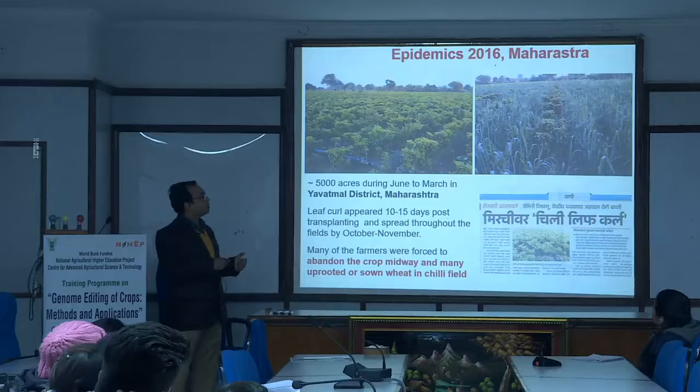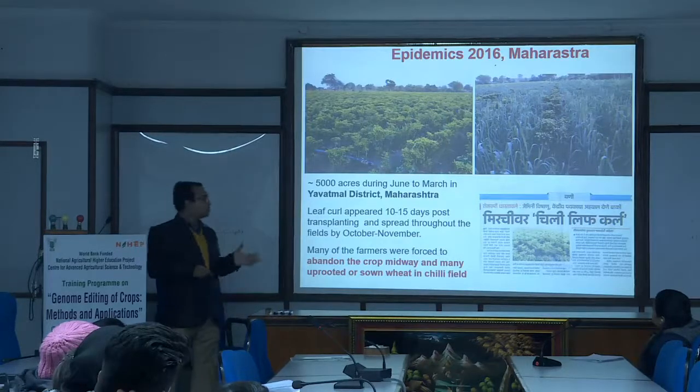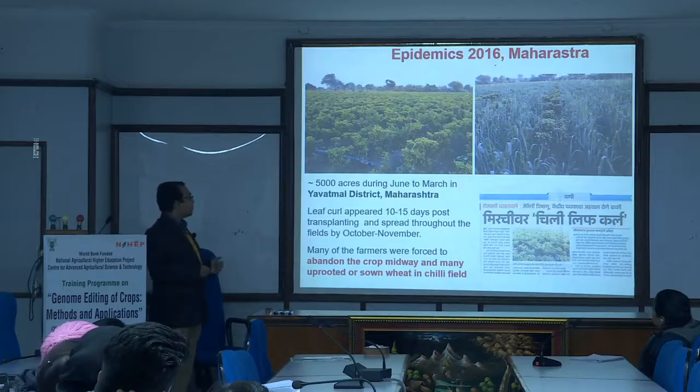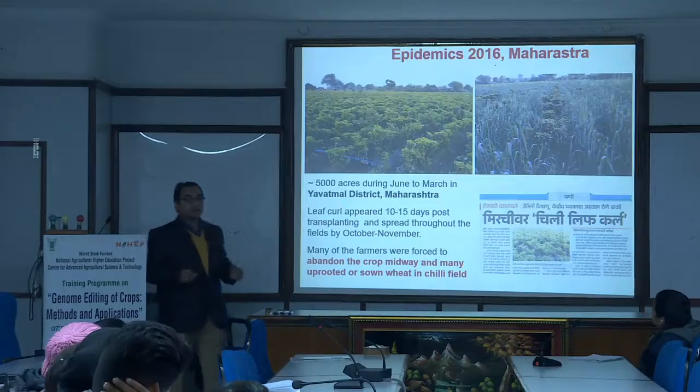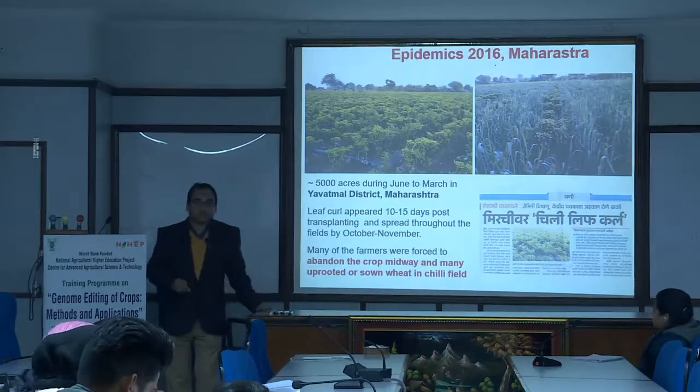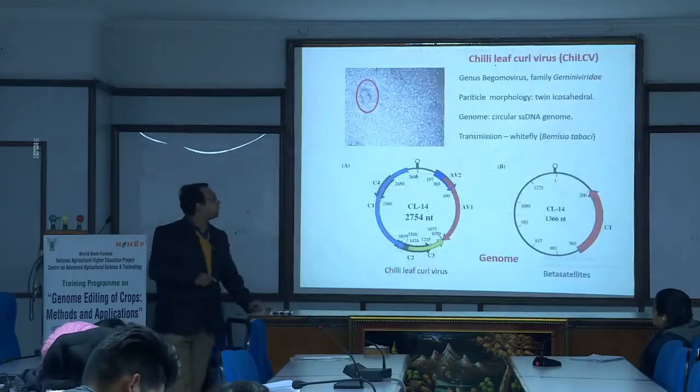Within the chili crop they planted other crops. So it is hugely devastating, it came in the newspaper, and 5,000 acres of land from June to March in Yavatmal district of Maharashtra were affected. So, they abandoned the crop. So, this is the condition of chili leaf curl infection in farmers' fields.